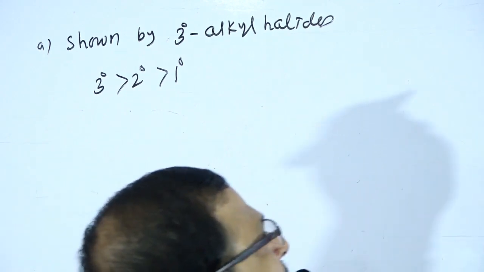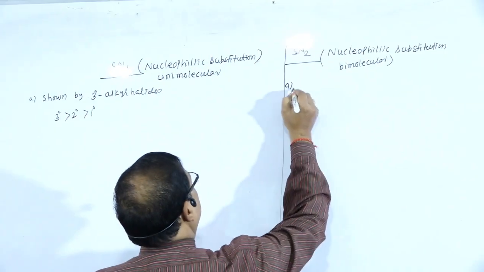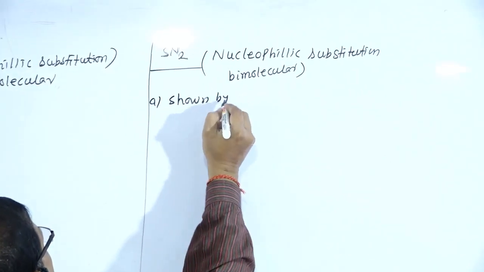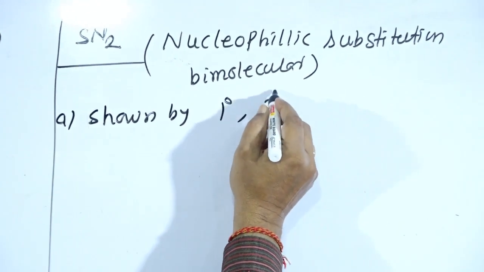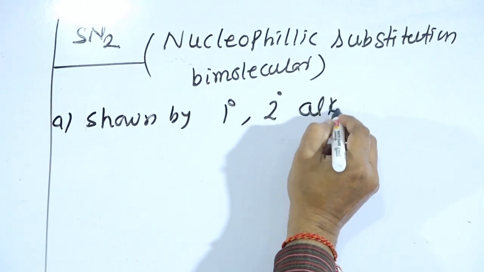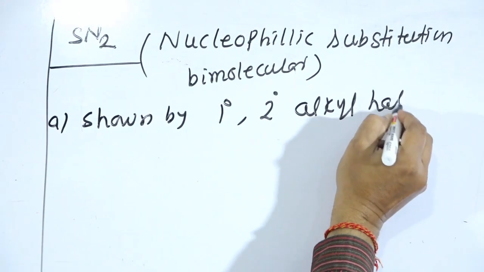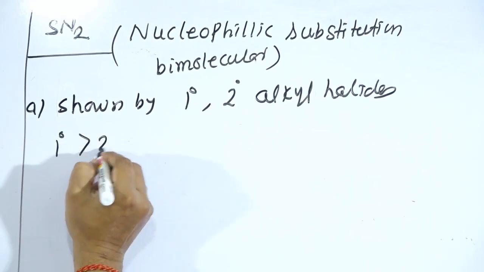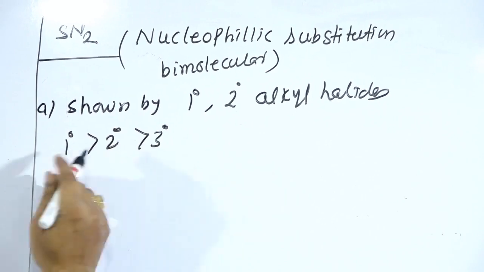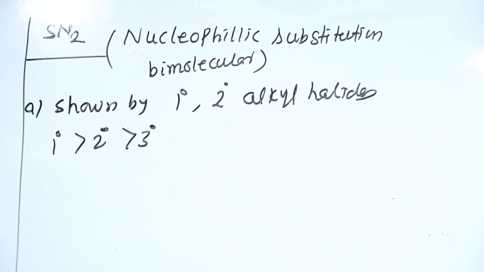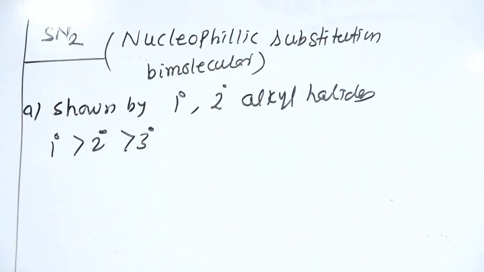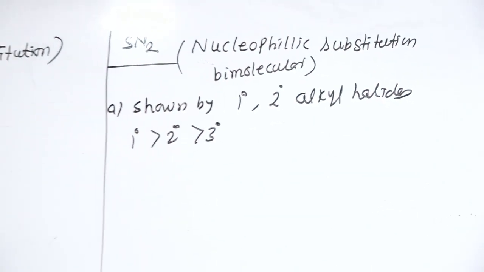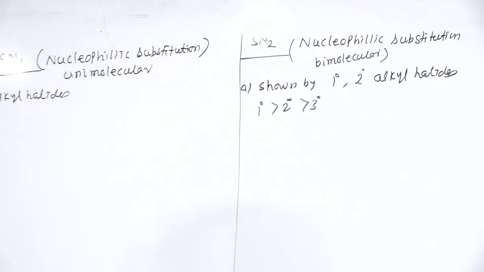The other is shown by 1 degree or 2 degree alkyl halides, and the trend is 1 degree greater than 2 degree greater than 3 degree. So 1 degree is more reactive towards the SN2 mechanism, while 3 degree is more reactive towards the SN1 mechanism.